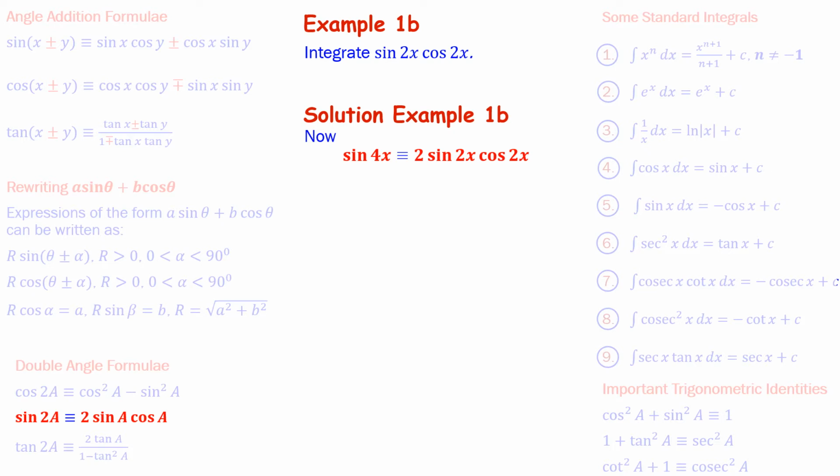In particular, sin 2a is identical to 2 sin a cos a. And here, of course, we've converted sin 4x to 2 sin 2x times cos 2x. We've let a equal 2x. And so we can convert the integral of sin 2x cos 2x dx to the integral of half sin 4x dx, as shown here.